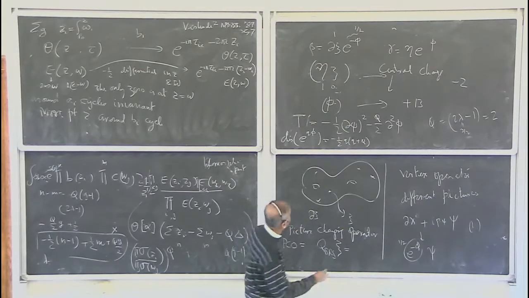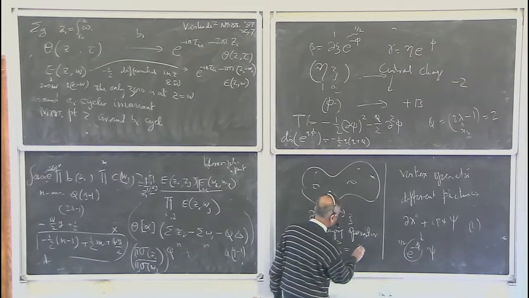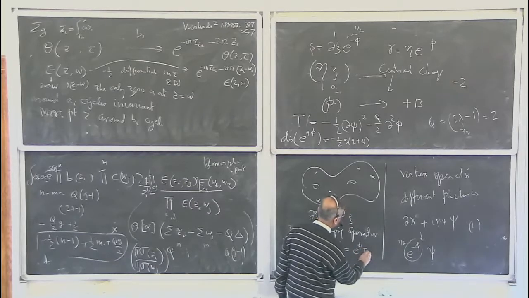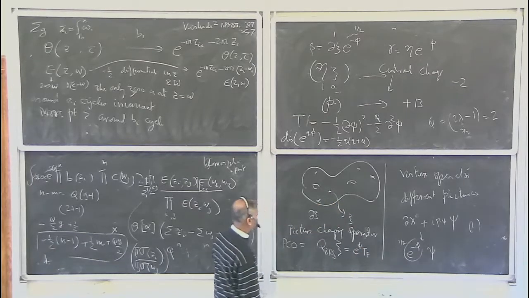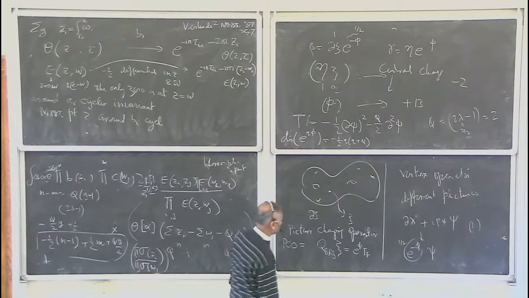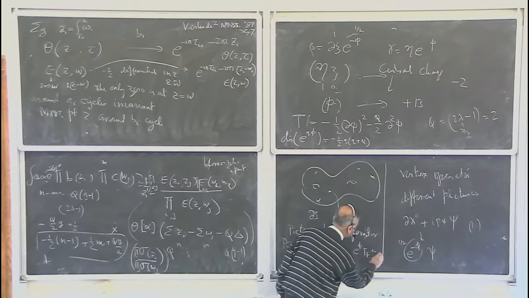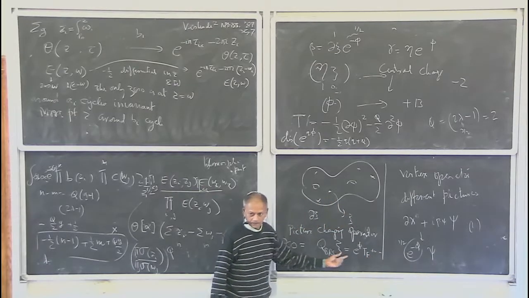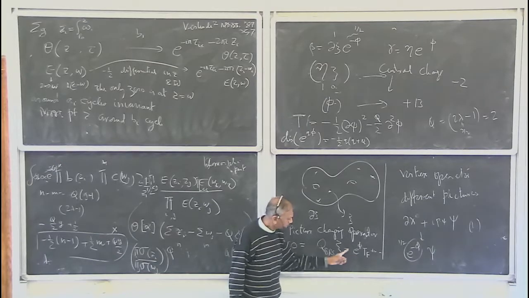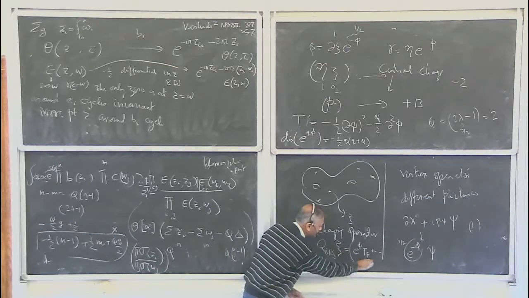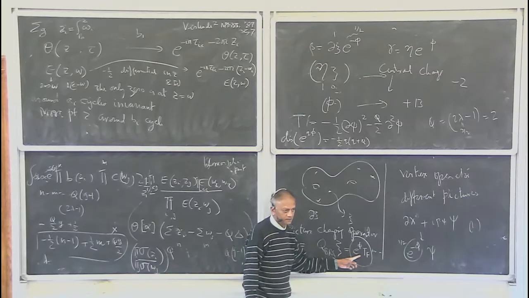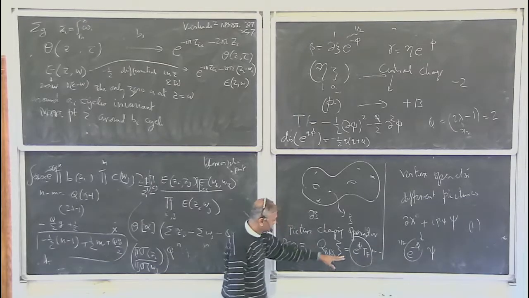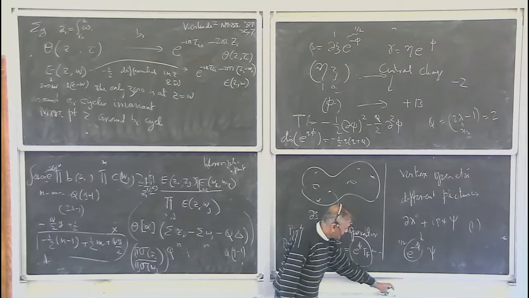So there will be a piece which will be like e to the phi TF, plus other things. It's not the only story. There will be other things also, but this will certainly be there. And again, for our purposes in our calculations, it's only this one which will be crucial. Okay. So this is the most important point.